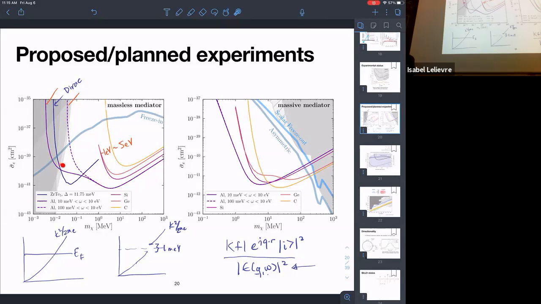But in the meantime, there was motivation to look at other types of low gap materials because it was thought superconductors have too much screening. And that led to work on Dirac materials, which is good because now we also have this other type of target material we could think about. One of the motivations for looking at Dirac materials was that they had a lot less screening.